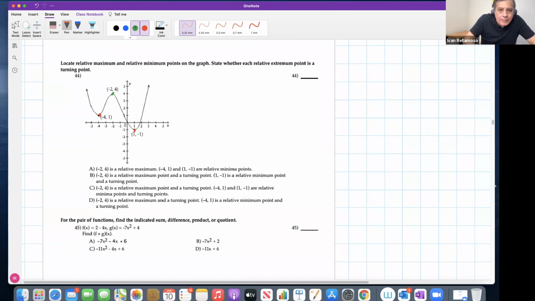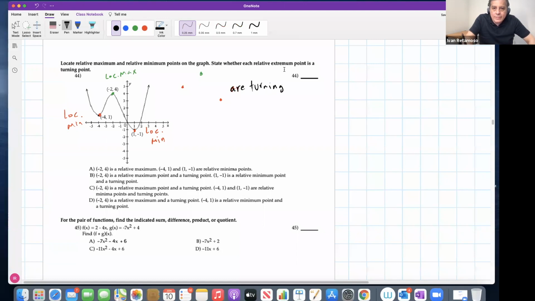Maybe I should quickly mark local max where the mountains are, and local min where the valleys are. Another important thing in this question, guys, is this: all these three points are turning points because the trend changes in all of them. This guy, this guy, and this guy are turning points, the three of them.